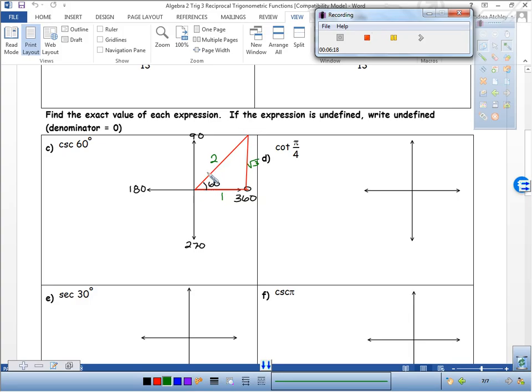The hypotenuse is always 2. Opposite the 30 degree angle is always 1. Any questions? This is something that we're struggling with. We're not placing our ratios in the right spot, and so you'll get the whole problem wrong. Then we label. This is the opposite. This is the adjacent because it touches the 60 degree angle. And this is the hypotenuse because it's the longest side.